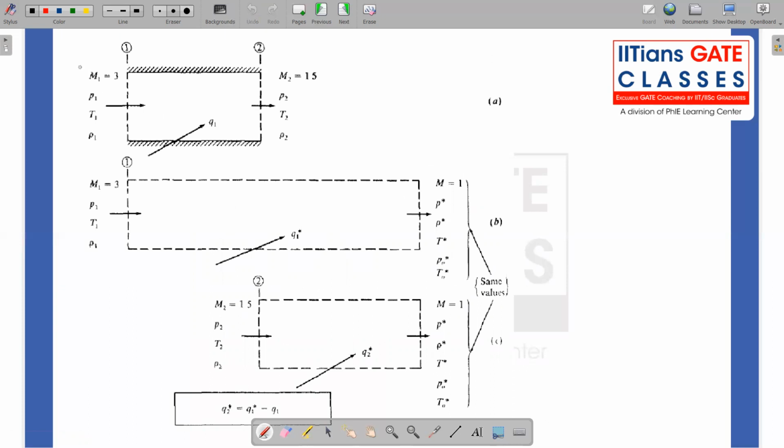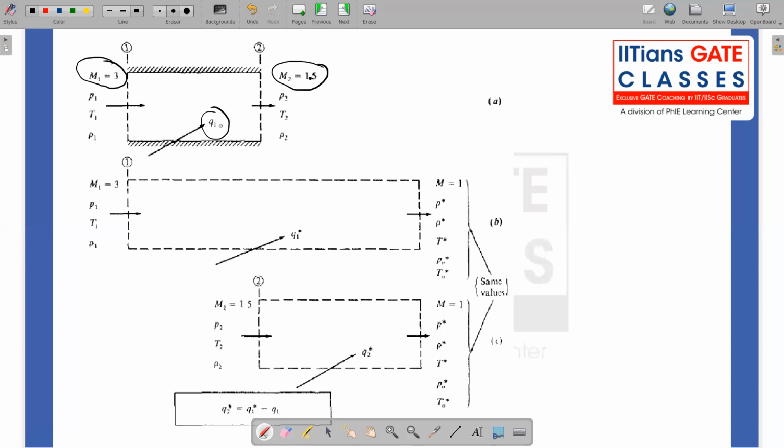Say I have a supersonic Mach number M1 equal to 3, and I have M2 equal to 1.5, right? So what I'm doing is adding heat so that the Mach number at this point reaches 1.5. The amount of heat I am adding here, let us call it Q1.